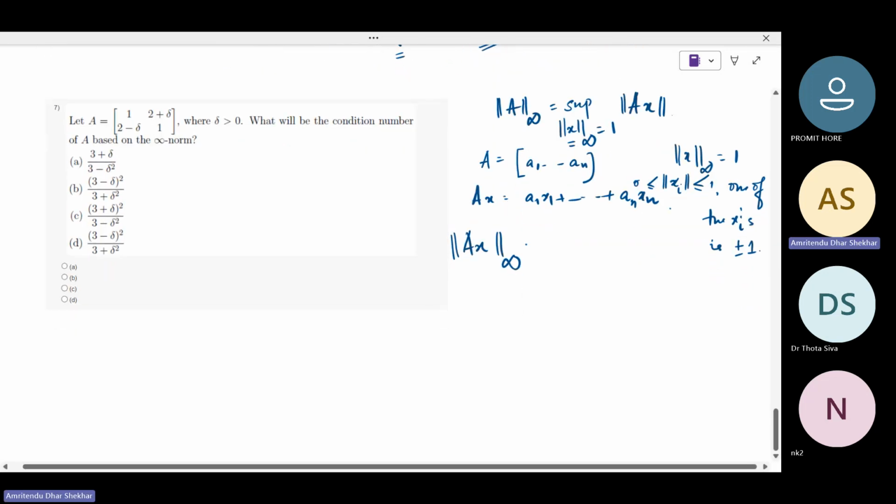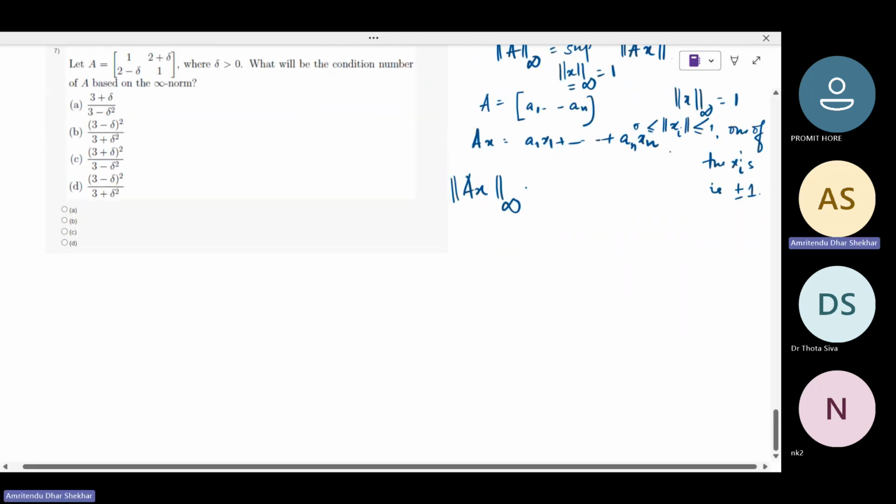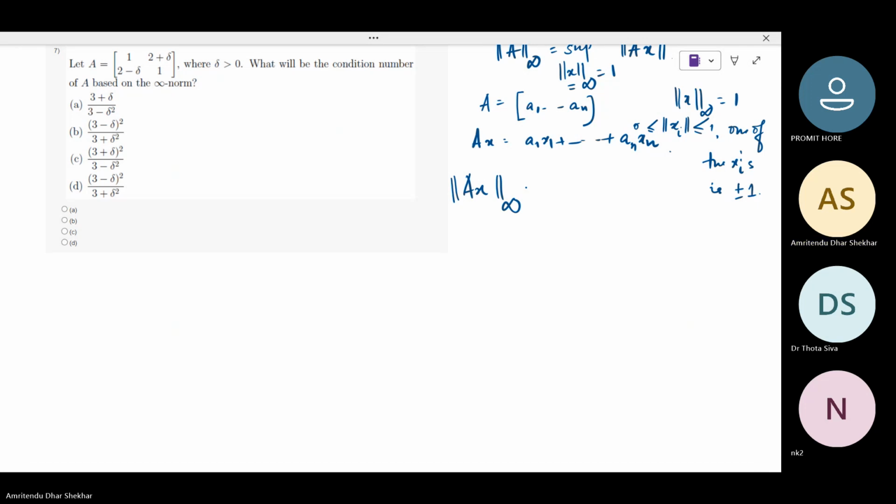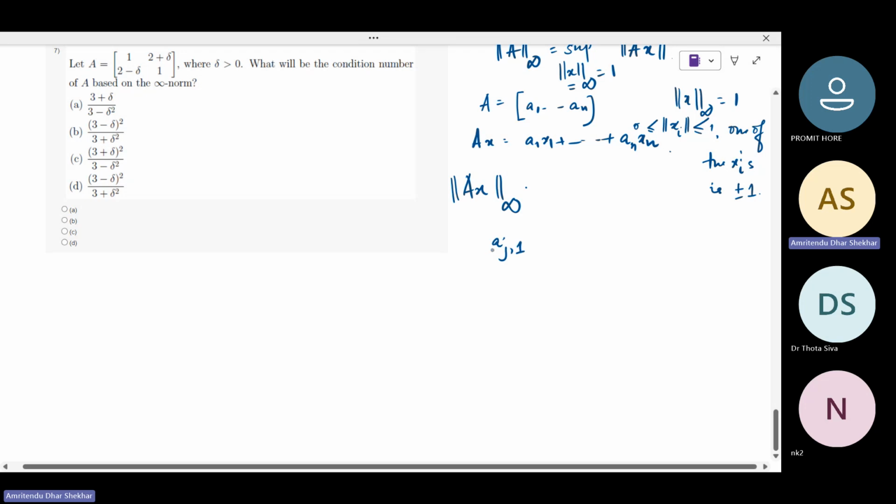So if you look at the jth coordinate of this thing, it looks like Aj1, the (j,1) entry of the matrix, times x1, plus up to AjN xN.